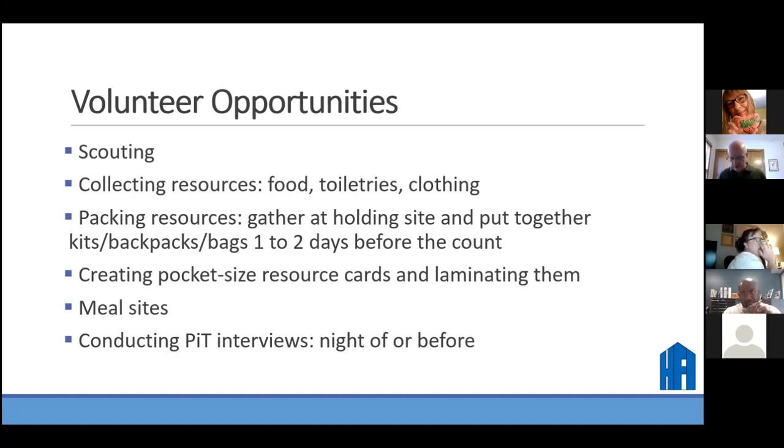That's a volunteer opportunity that doesn't necessarily involve doing something the night of the count.